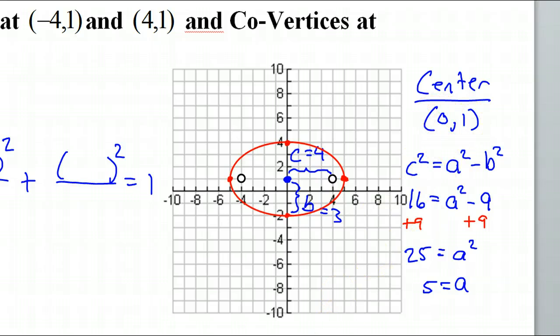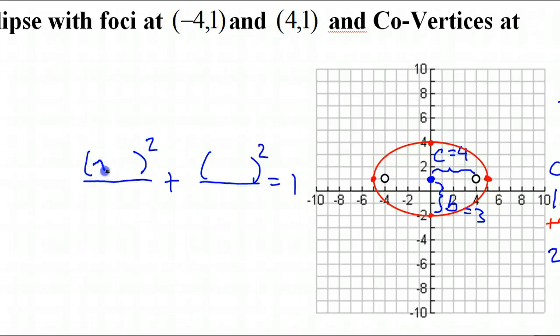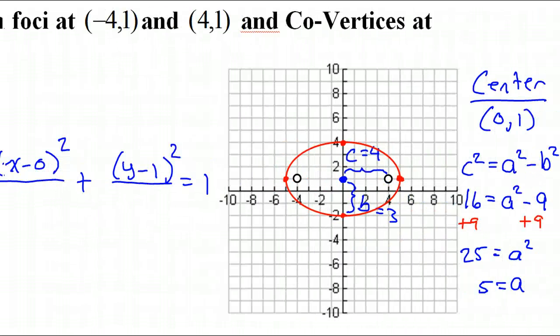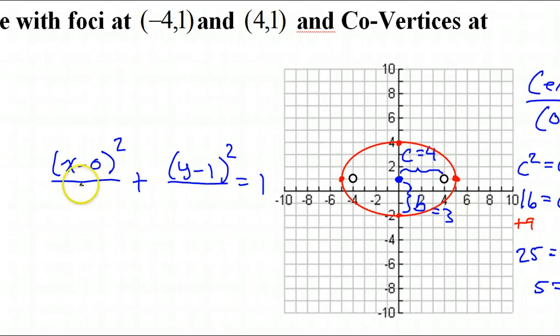I'm going to do the opposite, though. So this would be like x minus 0 and y minus 1 from this. Okay, and now down here, again, you don't have to worry about what's A and what's B. Just focus on the direction.